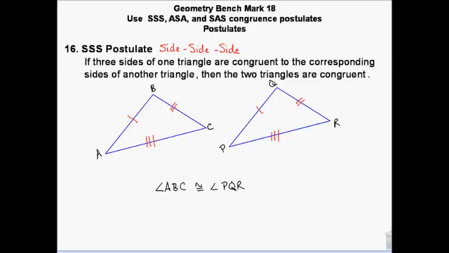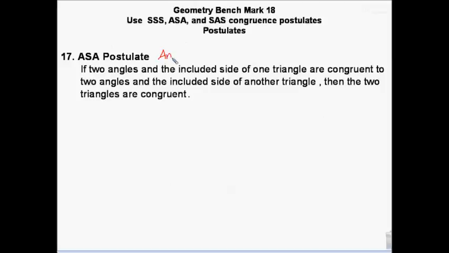Not to be confused with SOS. Side angle. So that's angle, side, angle. So if I have some triangle, and I have another triangle, if two angles and the side in between them are congruent, and it has to go in that order, angle, side, angle, or you could go backwards, angle, side, angle.